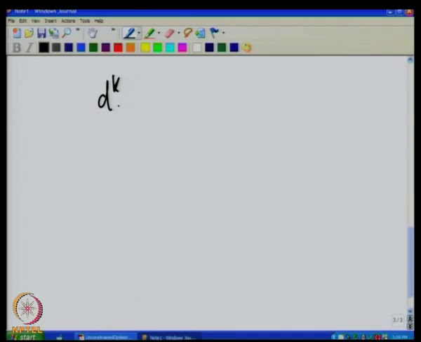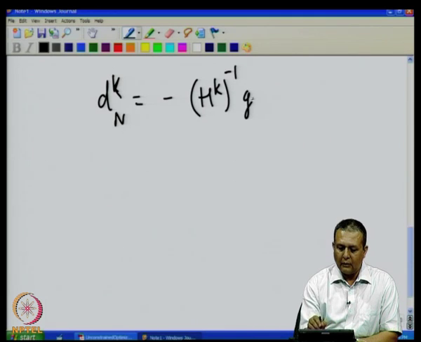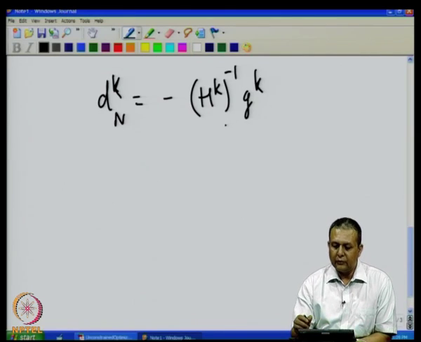Now, remember that in the Newton method, we have the direction dk to be minus Hk inverse gk, and this is the Newton direction.